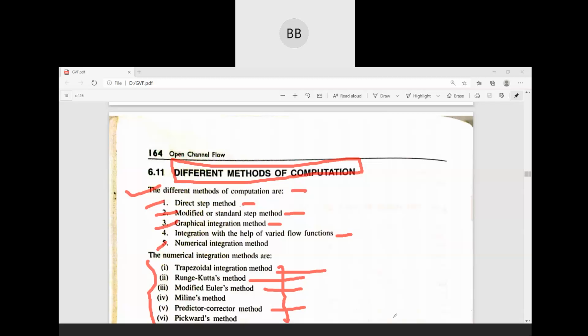So here we use one or two methods to solve some numericals, or you can just write down these methods. We are not going to discuss in detail as it's not in your syllabus, so we use one or two methods just to solve a few numericals. But you can write down all the methods which are available for gradually varied flow.